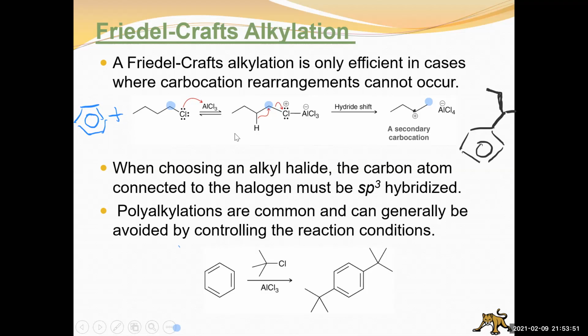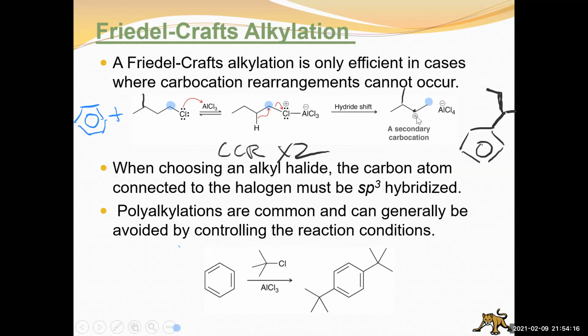And again, if this had a tertiary site on it, you'd do 2 carbocation rearrangements. It would do it one time to pull that into the secondary. And if there was a tertiary, or it was more stable, do it one more time.